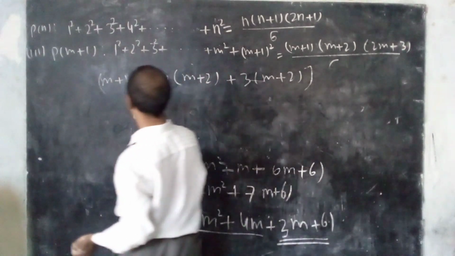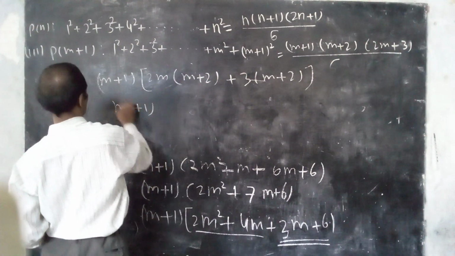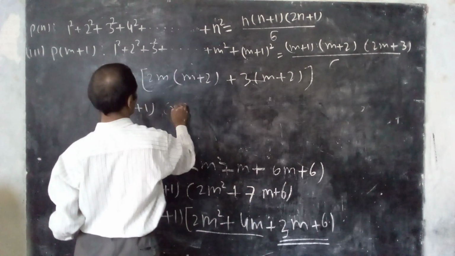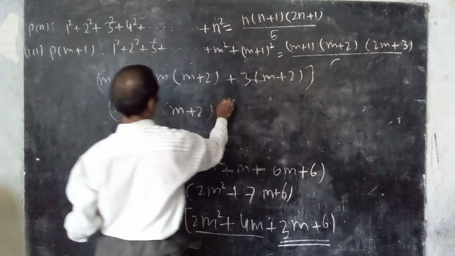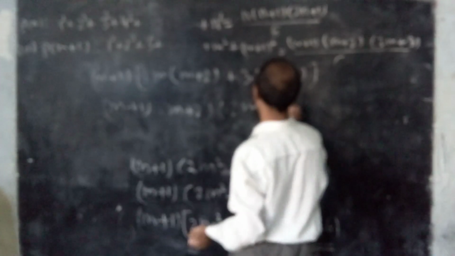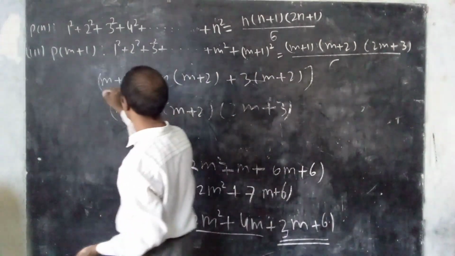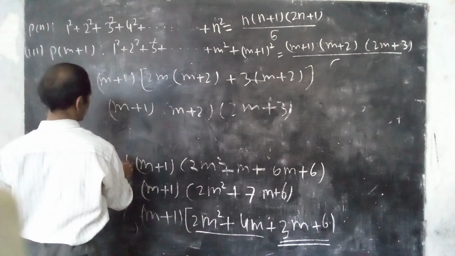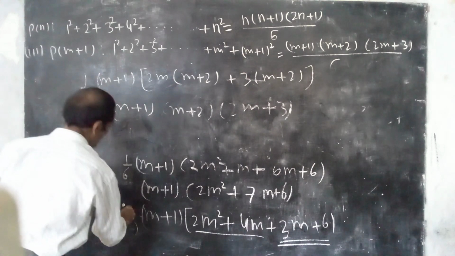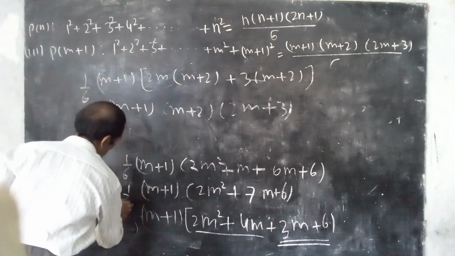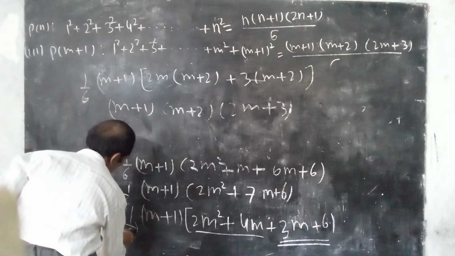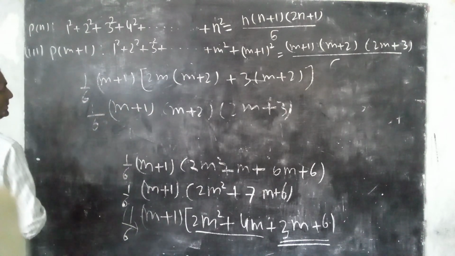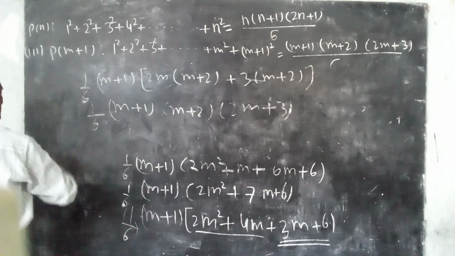So it is m plus 1, m plus 2, 2m plus 3, by 6. So this is your right side.